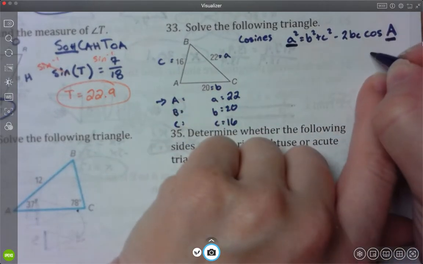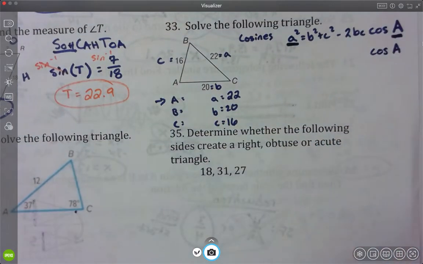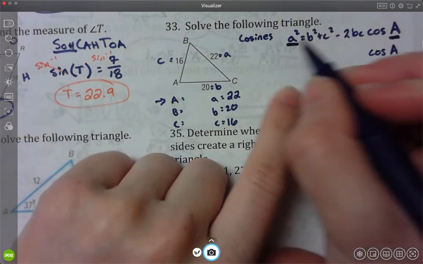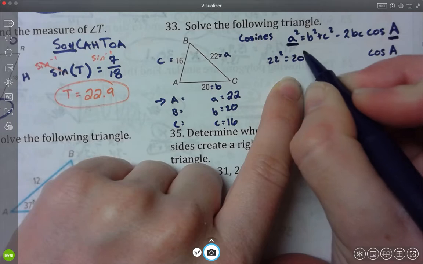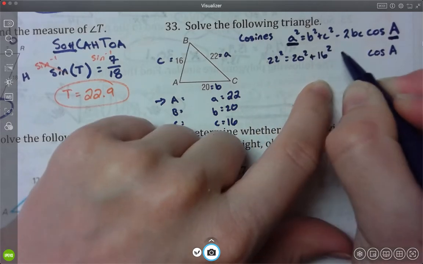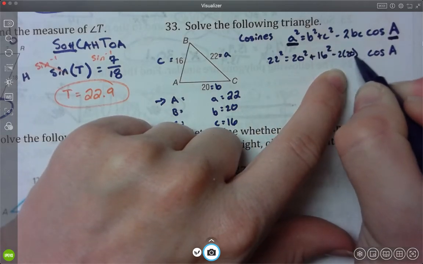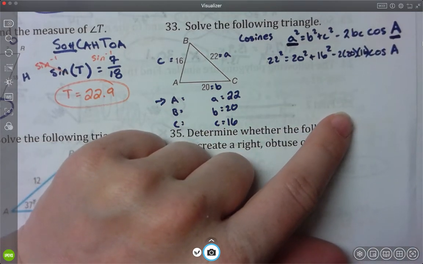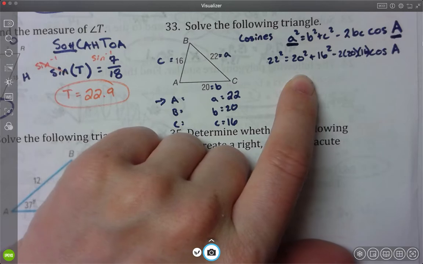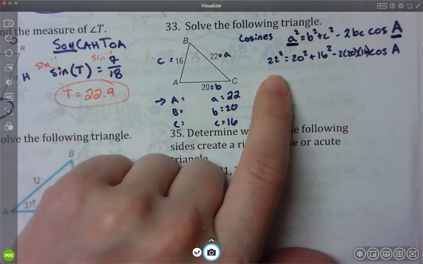Capital A will leave, so we'll have cosine of capital A. A squared will be 22 squared. B squared will be 20 squared. 16 squared minus 2 times 20 times 16, and then cosine of A, okay? Now, don't try to do too many pieces at once. We can figure out what 22 squared is.